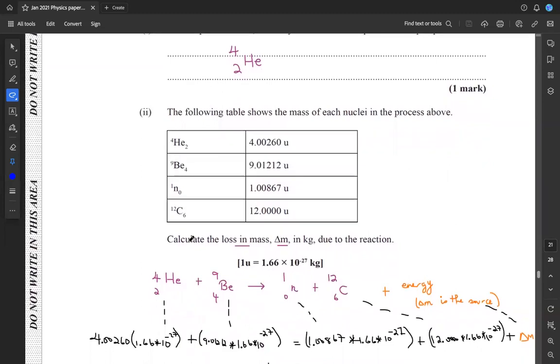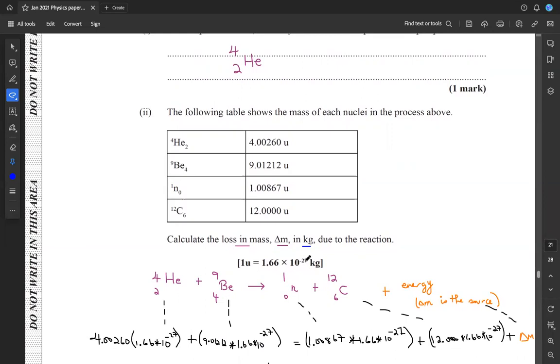So they're asking us now to calculate the loss in mass, delta M, in kilograms due to the reaction. So we have to put that in an SI unit now. Whenever we're given mass in atomic mass units, we always need to apply this conversion factor, which says that 1 atomic mass unit is equivalent to 1.66 times 10 to the negative 27 kilograms.